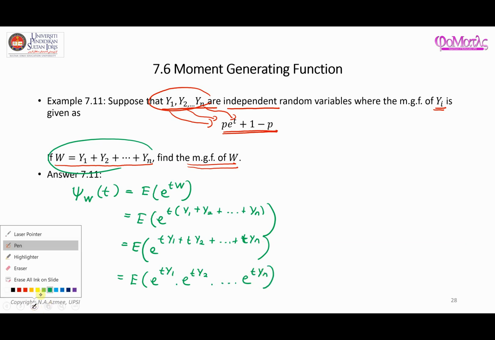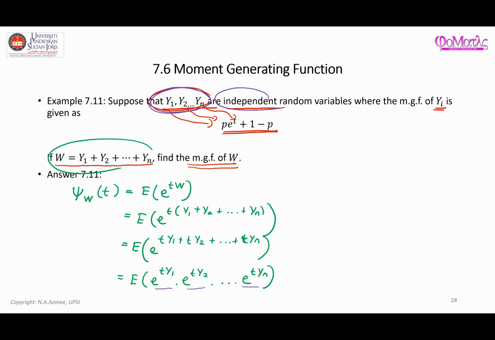Next, recognize that they are independent, each of them, because it says here y1, y2, yn are all independent. Therefore, the expectation can be written as the expectation for y1, you can separate that, times the expectation for y2 dot dot dot, and that's it.